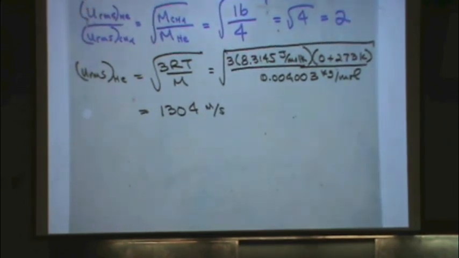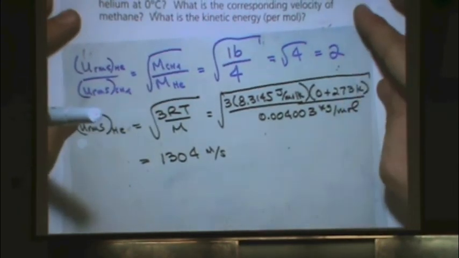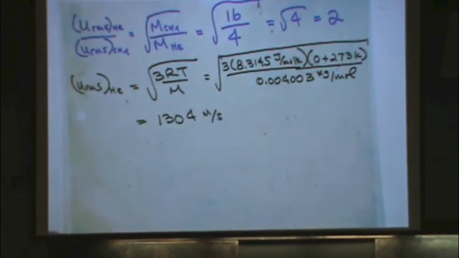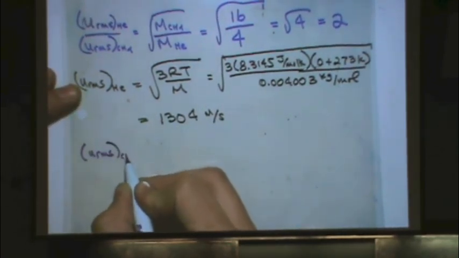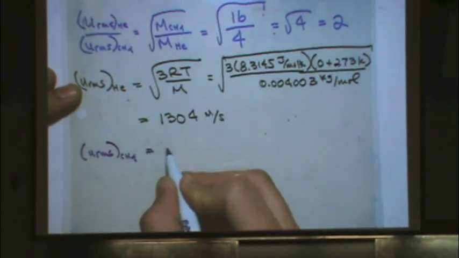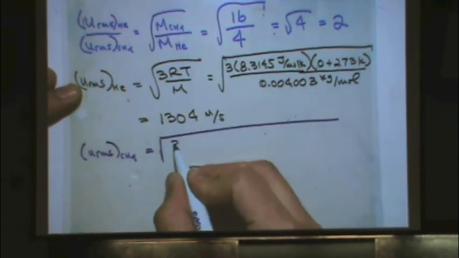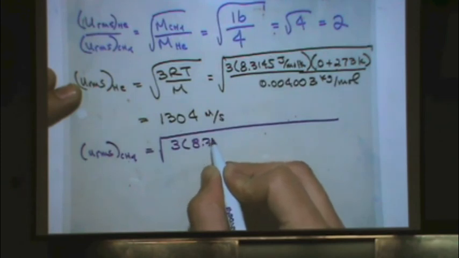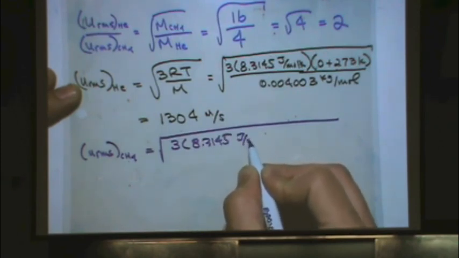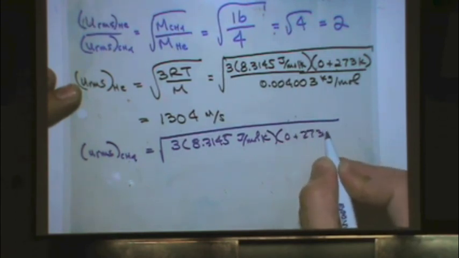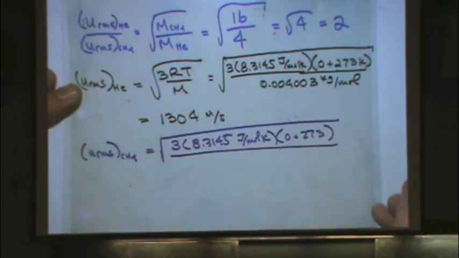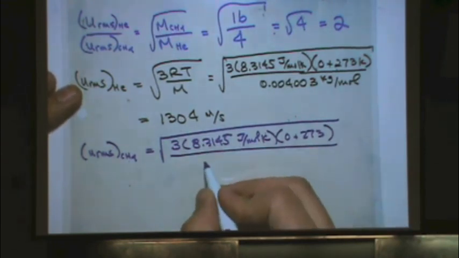Okay. Now it wants us to do the corresponding velocity for methane. Let's do that. Three, R, same R. T, same T. Only thing that changes is the molar mass, which is 16.042 grams per mole.